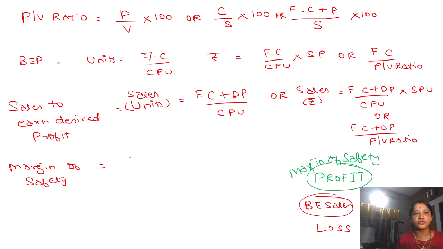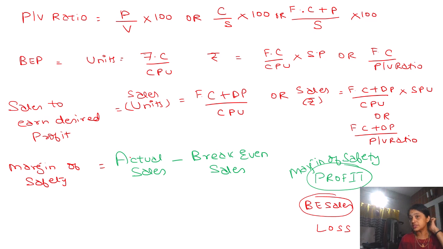So what is margin of safety? Actual sales minus break-even sales. So remember, you will not be safe if your actual sales is lesser than break-even sales. Actual sales has to be more than break-even sales. Then it is called as margin of safety. So this is, you get margin of safety in units.